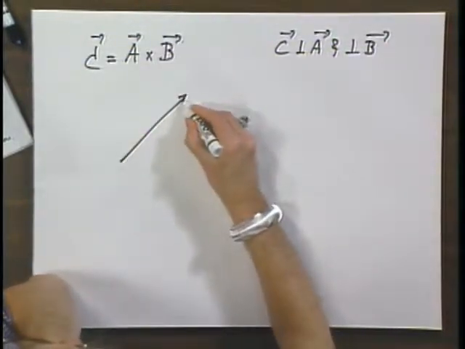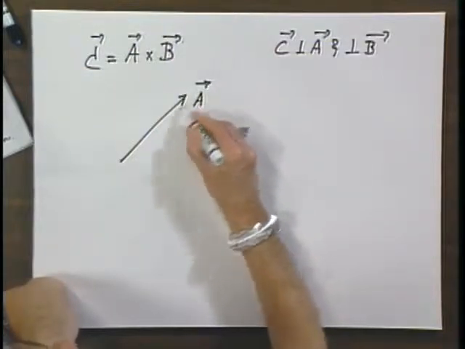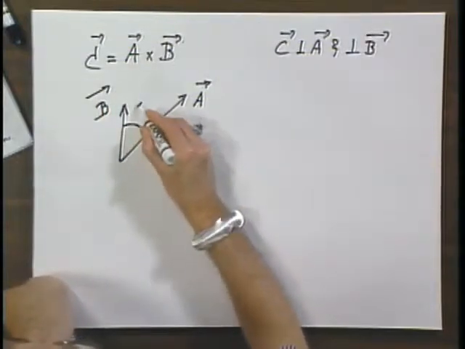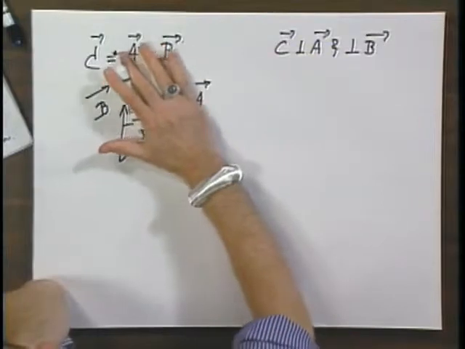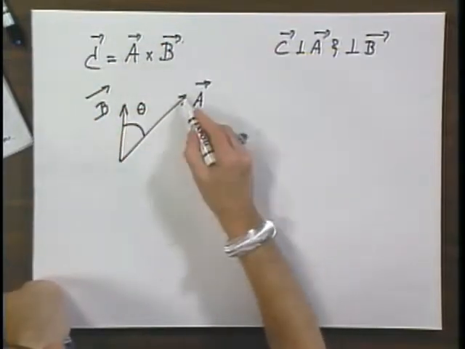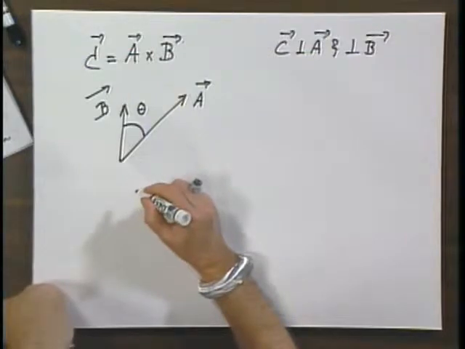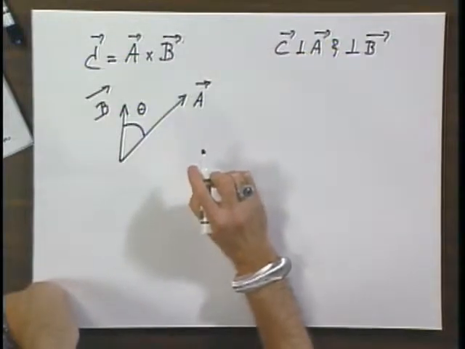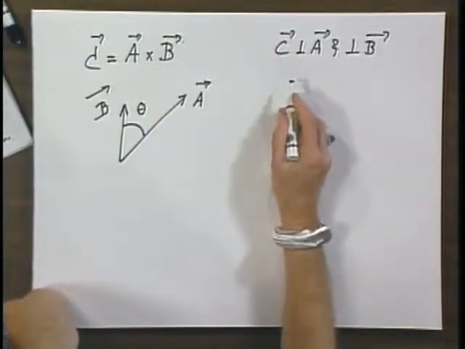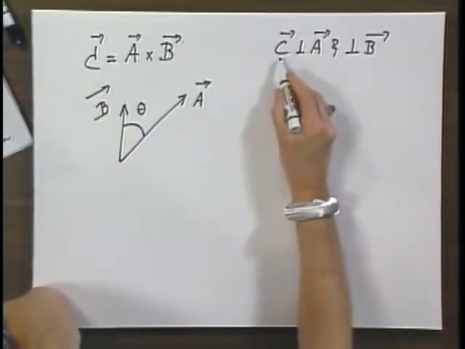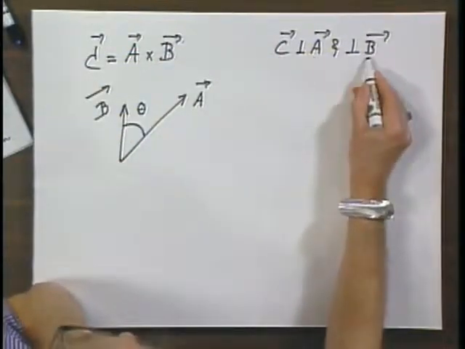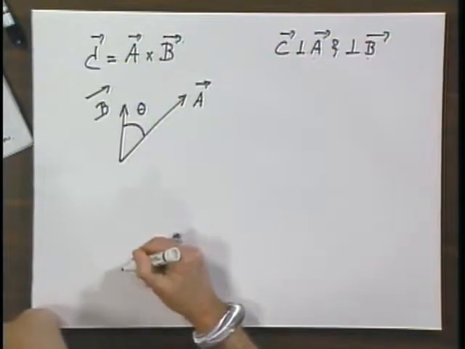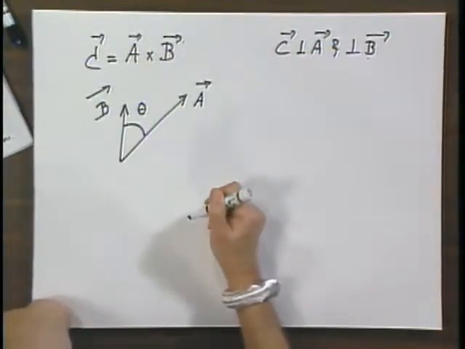Suppose I have A here and I have B here, and let this angle between them be theta, so the plane of the paper is the plane of the vectors A and B. The direction of the cross product must be perpendicular to my paper then, because C is perpendicular to A and C is perpendicular to B, so C has to be perpendicular to both A and B. I have two choices now.